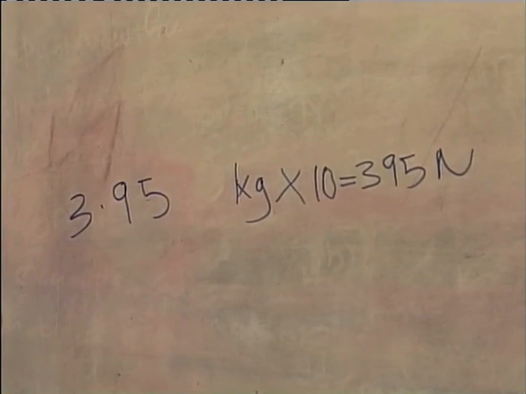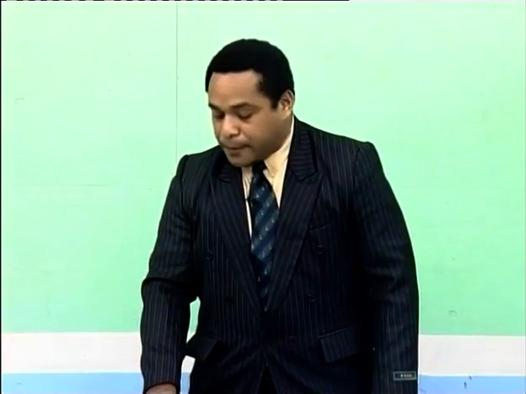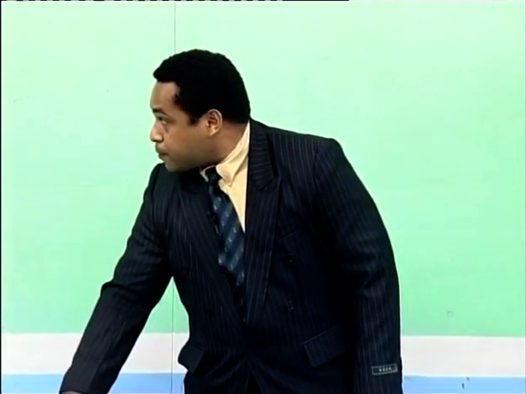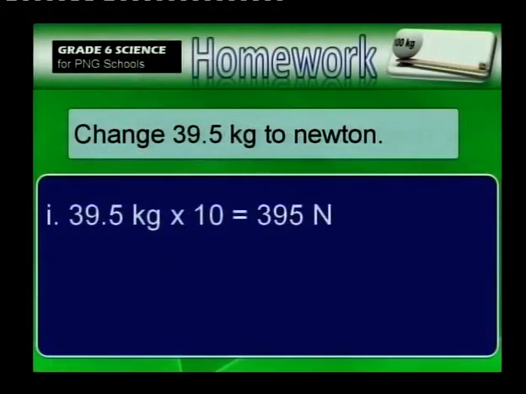Now let's look at our answer on the screen. Okay, so there, number one, working out: 3.95 times 10 will give you 395 Newton.